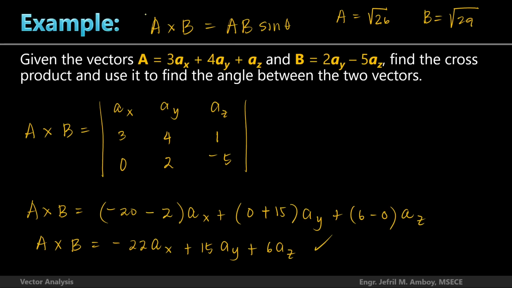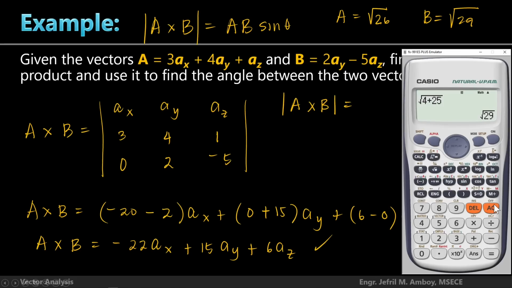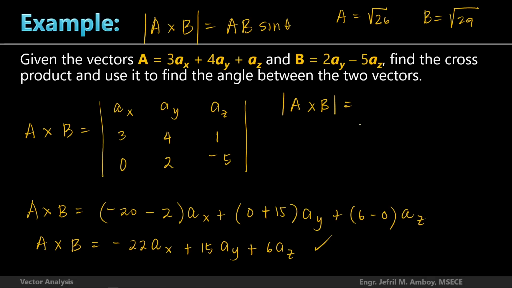However, we should get the absolute value of the cross product. The absolute value of A cross B equals, with the use of a calculator, the square root of 22 squared plus 15 squared plus 6 squared, that's 36, equals square root of 745.